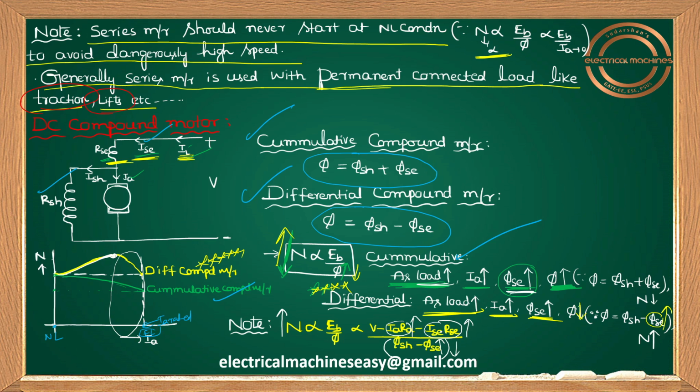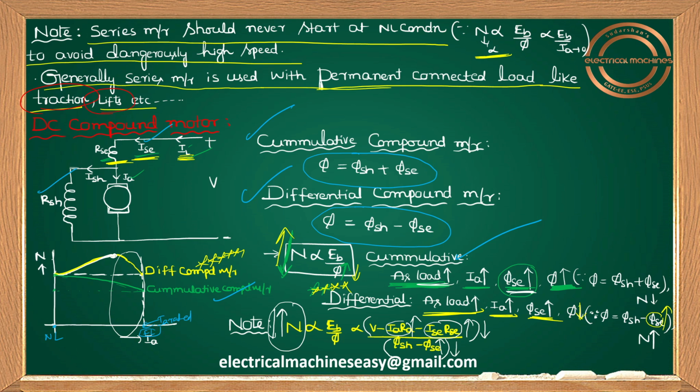So IaRa is increasing and IseRse is increasing. Two negative terms are increasing, so obviously Eb will reduce once again. So your increased speed will reduce once again, thereby your speed remains constant. At full load condition, your speed will come back to the no load speed. So that's why I can say at full load condition, speed is equal to no load speed.